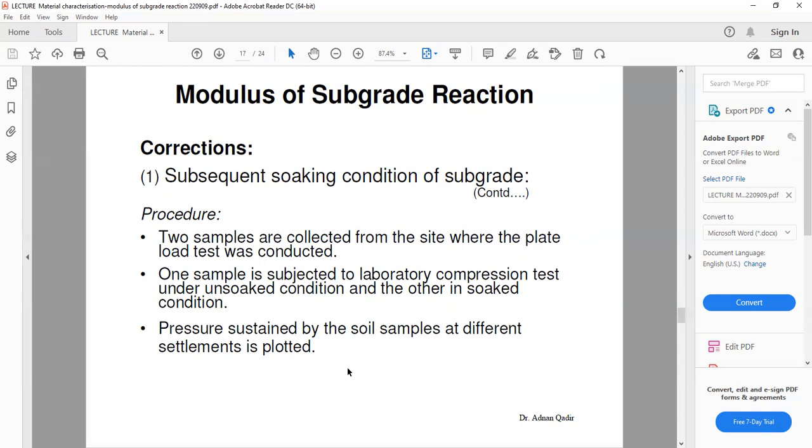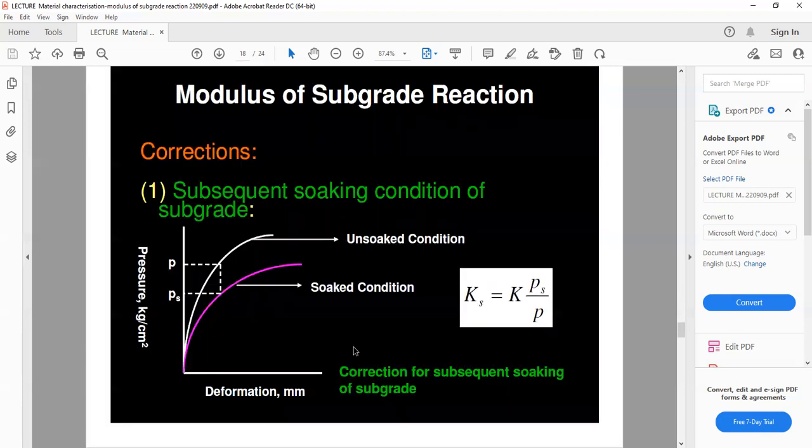Pressure sustained by the soil sample at different settlements is plotted in a similar manner on the same graph. You can calculate the improved modulus of subgrade reaction by taking the modulus you calculated previously during the field test and multiplying it by the pressure needed for the soak condition over the pressure needed for the unsoaked condition.